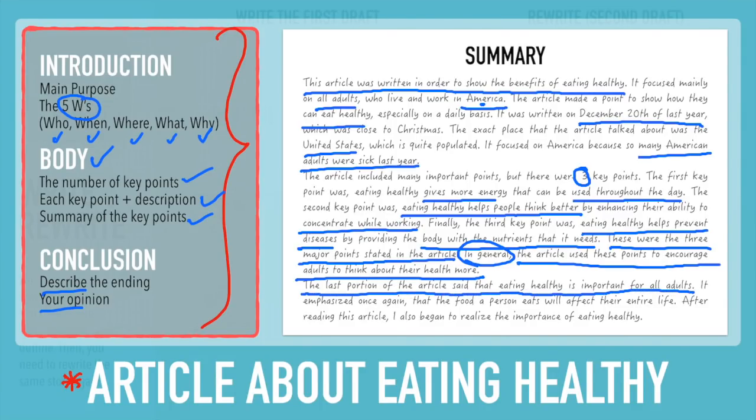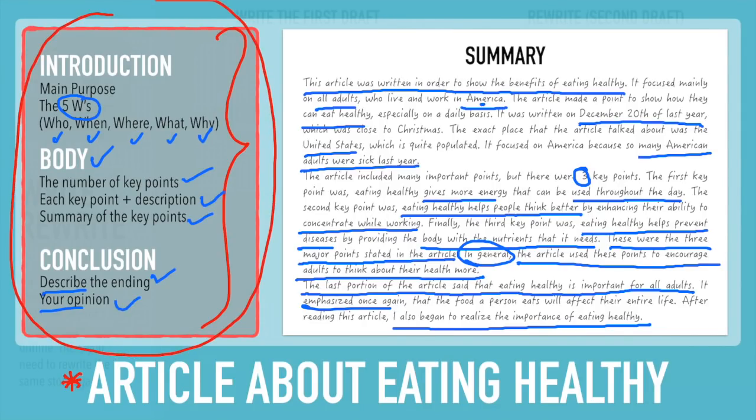Done. It emphasized, once again, that the food a person eats will affect their entire life. Now my opinion. After reading this article, I also began to realize the importance of eating healthy. So we have completely written our summary because we followed the summary style outline.